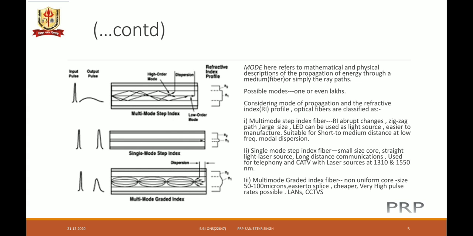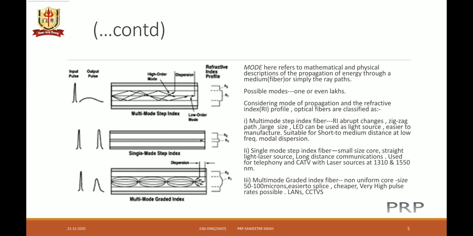So considering the mode of propagation and the refractive index profile, optical fibers can be classified as multi-mode step index fiber, or single mode step index fiber, or multi-mode graded index fiber. So these are the three basic classifications.